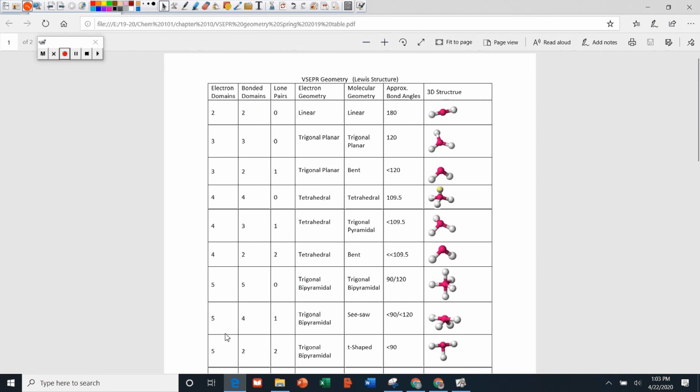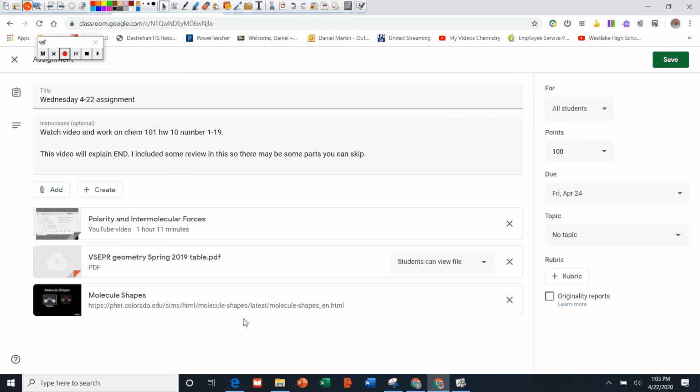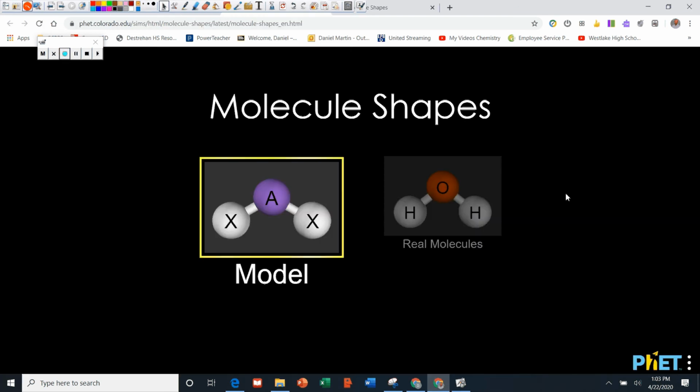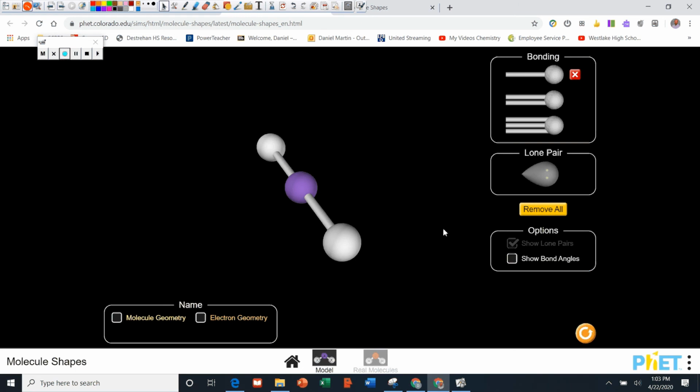Now, I'm going to go ahead and pull up the PhET and show you what this looks like. I linked this into our assignment today. You can look at real molecule shapes or you can look at models. Let's go with the models first.